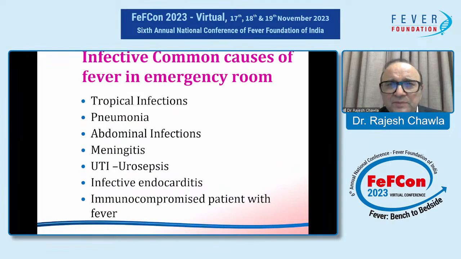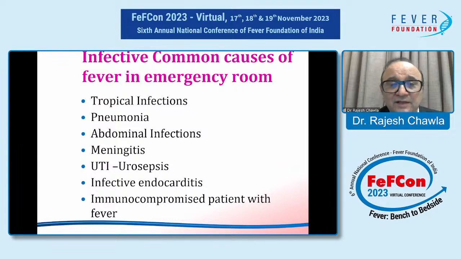When I remember what I have seen in the last 30 years, tropical infection would come number one. Then the bacterial infections, predominantly, because I am a pulmonologist, pneumonias, which could be bacterial or viral, and sometimes abscess. Then the abdominal infections.